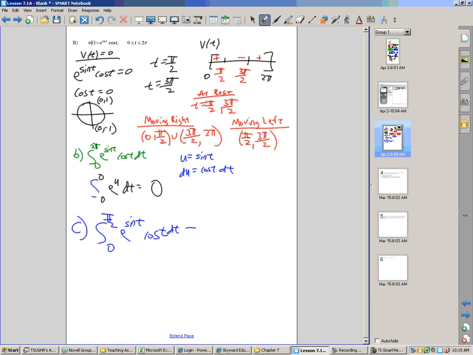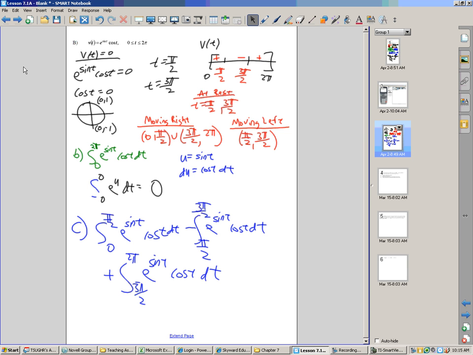We're going to subtract from pi over 2 to 3 pi over 2 of this function. And then we're going to add from 3 pi over 2 to 2 pi of this function. And you can crank that work out. I'm going to do it separately on the board here so that you can actually see it.